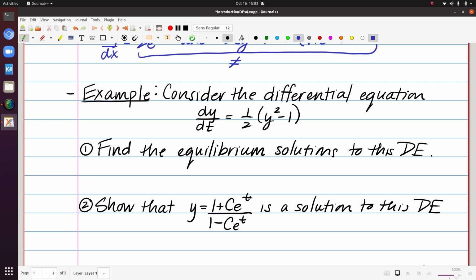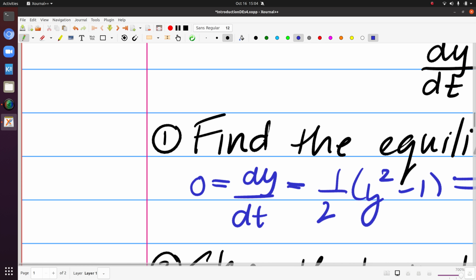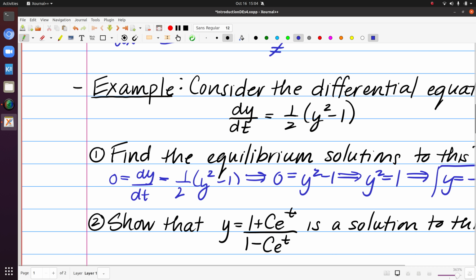To find those, we set 0 equal to dy/dt, which means we're setting 0 equal to 1/2 y squared minus 1. Which means we want to know when is y squared minus 1 equal to 0. That happens when y squared is 1. So we end up with 2 possibilities, y equals minus 1 and y equals positive 1. Those are going to be our equilibrium solutions.